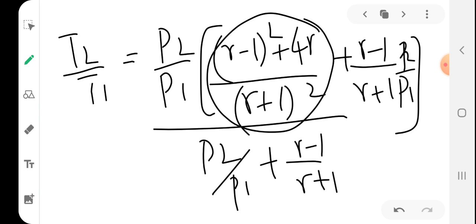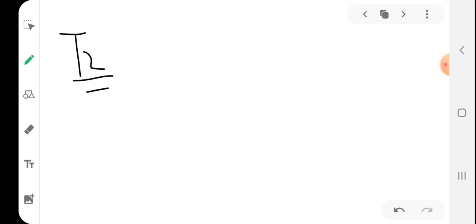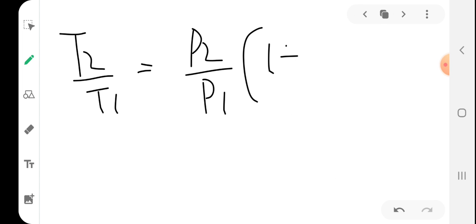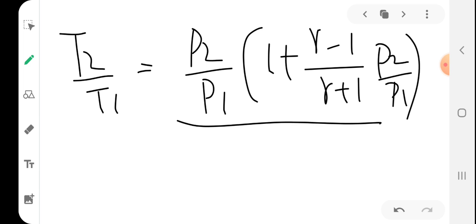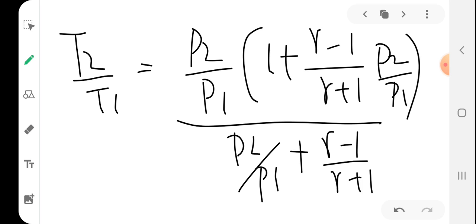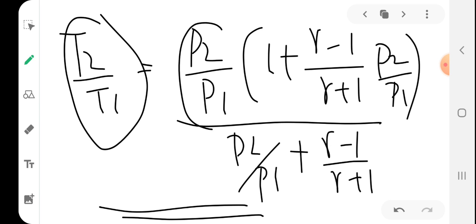Students, this value will become 1. So T2 by T1 is equal to P2 by P1 into 1 plus gamma minus 1 by gamma plus 1 P2 by P1, divided by P2 by P1 plus gamma minus 1 by gamma plus 1, okay. So this is the equation relating T2 by T1 to P2 by P1.